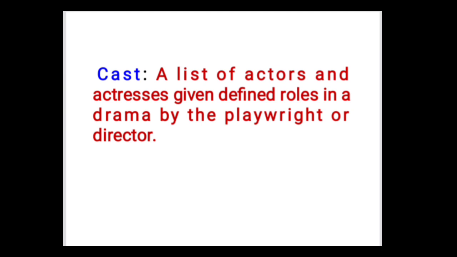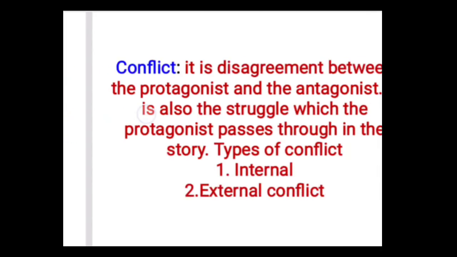They can write Blessing, then put the role that Blessing plays, maybe the wife of the king. Then they will write John, the son of the king, and maybe Edna, the maid. So that is cast: the list of actors and actresses and the roles they perform in the play.